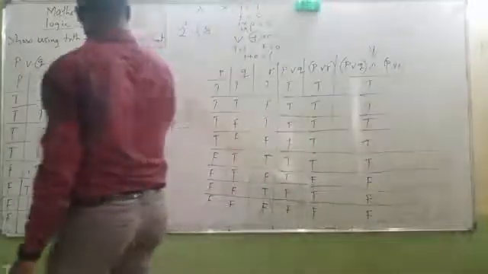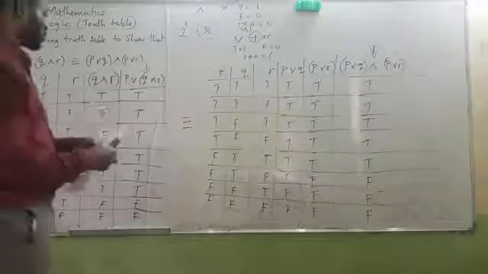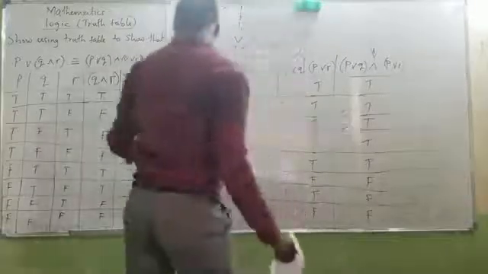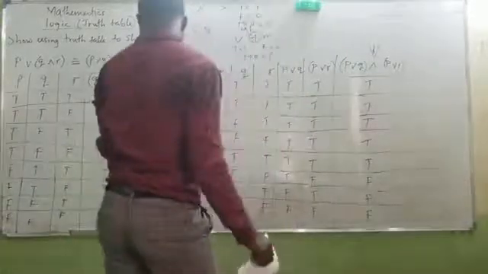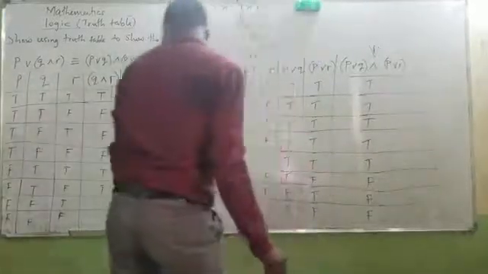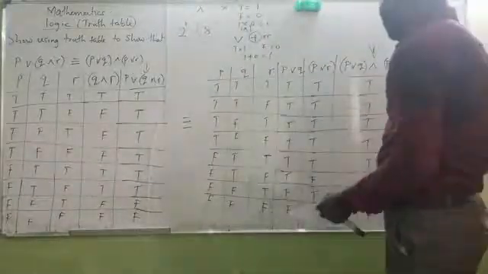Now, can we say that this is equivalent to this? Let's check it. We have true, true. We have true, true. We have true, true. We have true, true. We have true, true. We have true. We have false. Hey, there is a big problem here. True and false. Hope you have not mixed up anything here.